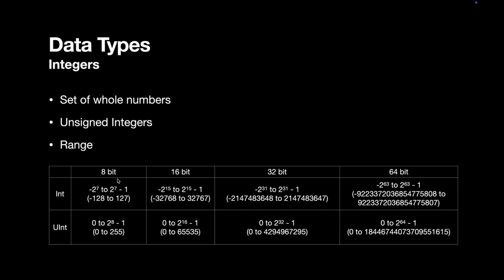This is the range for 8-bit integers. We can represent from -128 to 127. For 16-bit, we can represent from this negative integer to this positive number, and so on and so forth.